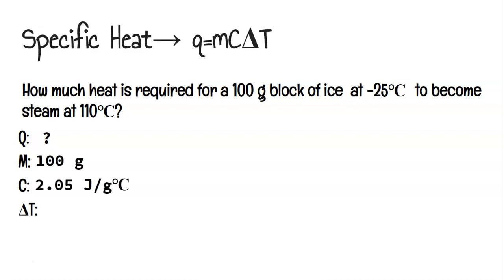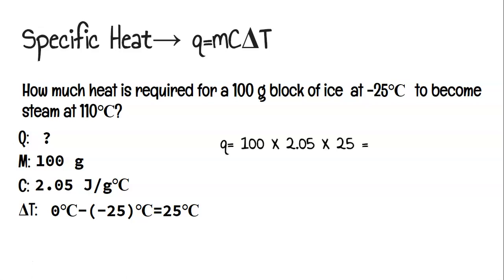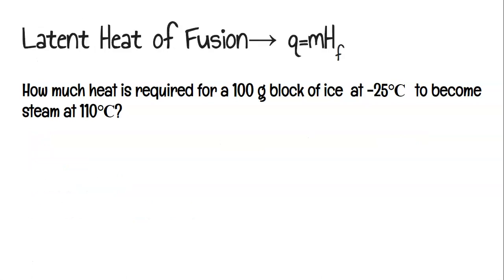I'm using 2.05 because I'm using the specific heat of ice. And my change in temperature is 25 degrees because my final temperature is 0, but I subtract a negative 25, which becomes positive 25. So I plug it all in, and it's 5,125 joules.